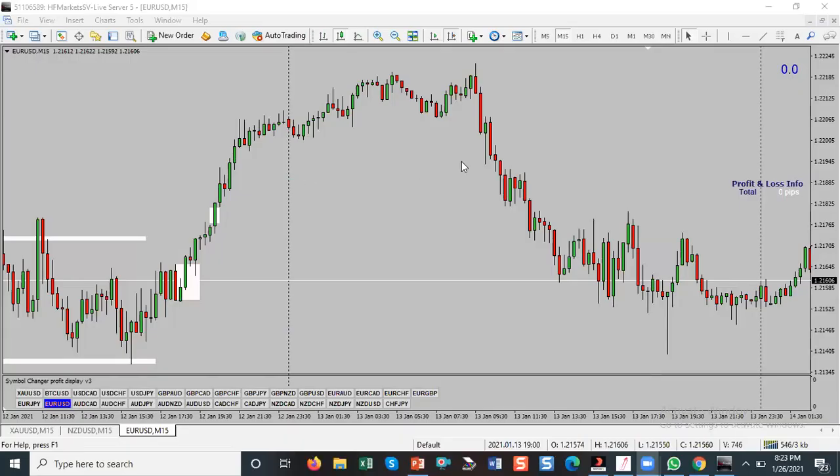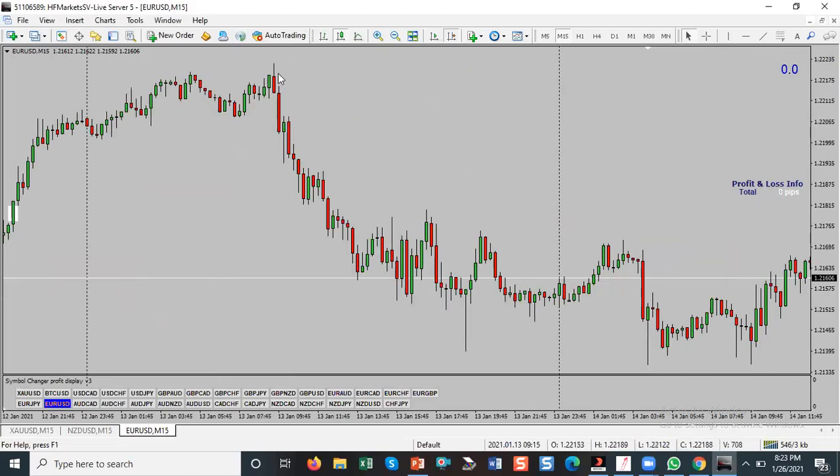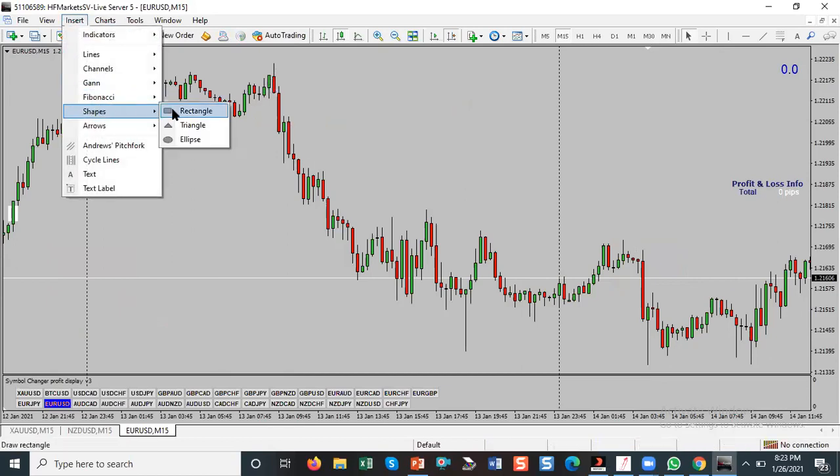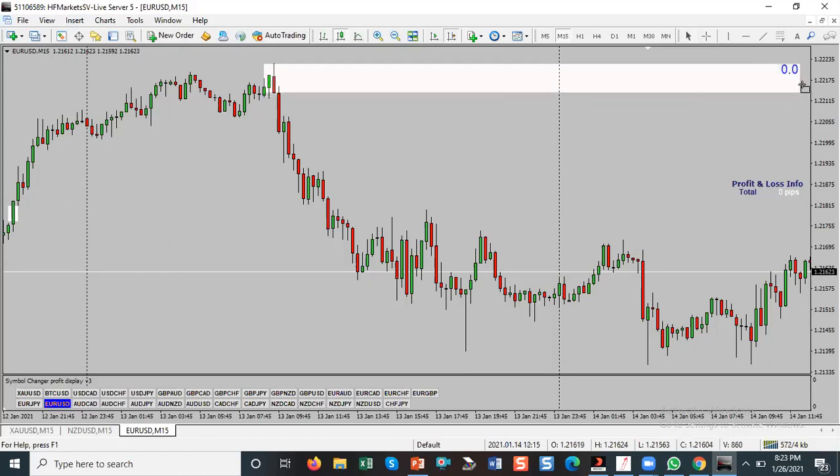So this is a chart. As you can see, price moved swiftly with an impulse from this level. So this place can be referred to as a supply zone. So this is supply zone.